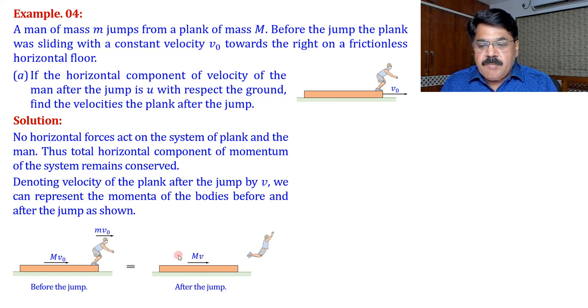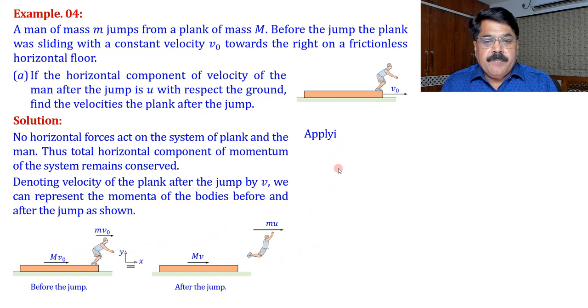So this is the momentum of the plank, and the horizontal component of momentum of the man will be mu, because velocity u is given with respect to the ground. Now we are concerned here with the horizontal component only, so we are not showing the vertical component of momentum of the man. Now from here, by using conservation of momentum, very simple idea: this momentum plus this momentum is equal to this momentum plus this momentum.